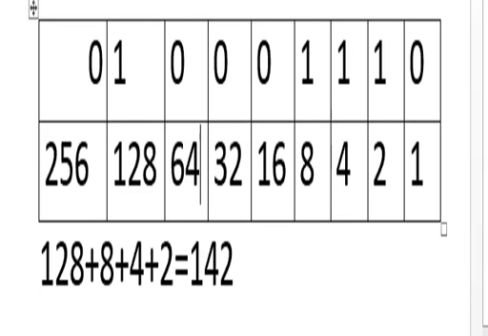We added together the 8th power, the 4th power, 3rd power and 2nd power, which is 128 plus 8 plus 4 plus 2, which equals 142. And that's all it is really.